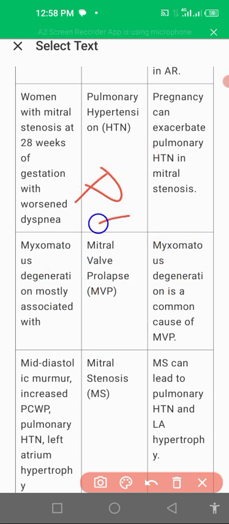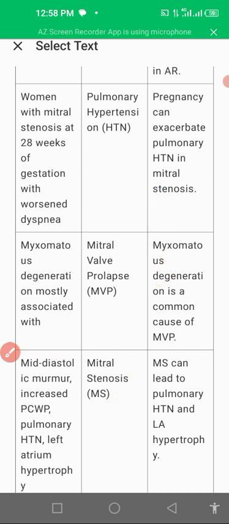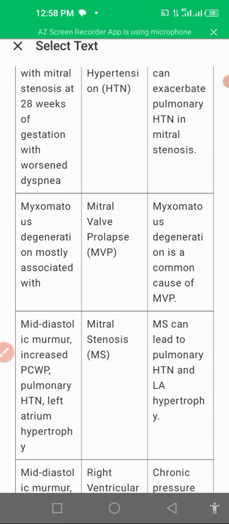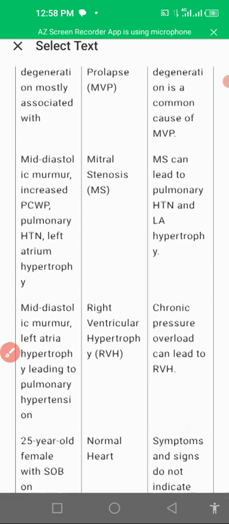So as I already mentioned in the mnemonic, this is regurgitation, and mid-diastolic murmur means mitral stenosis will be there. Mid-diastolic murmur represents mitral stenosis, and pulmonary hypertension is also there, and hypertrophy is also there. So mitral stenosis results in left atrial hypertrophy.